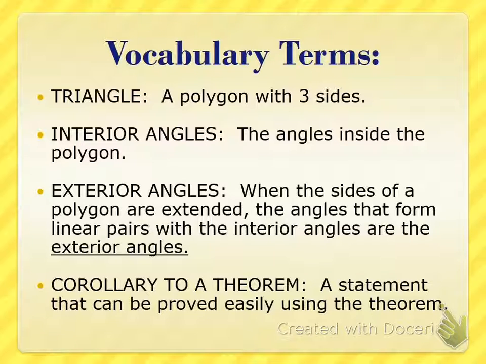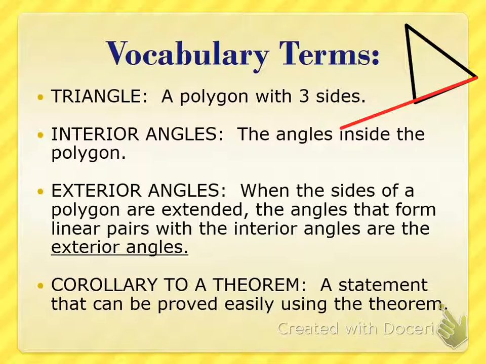So I will draw an example up towards the top of an exterior angle. Say we have this triangle, we have to extend one of the sides. It doesn't really matter which one. So I will extend this bottom side here.